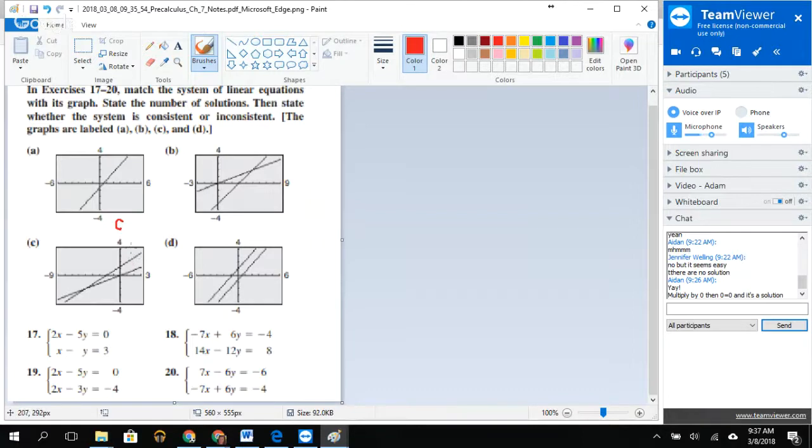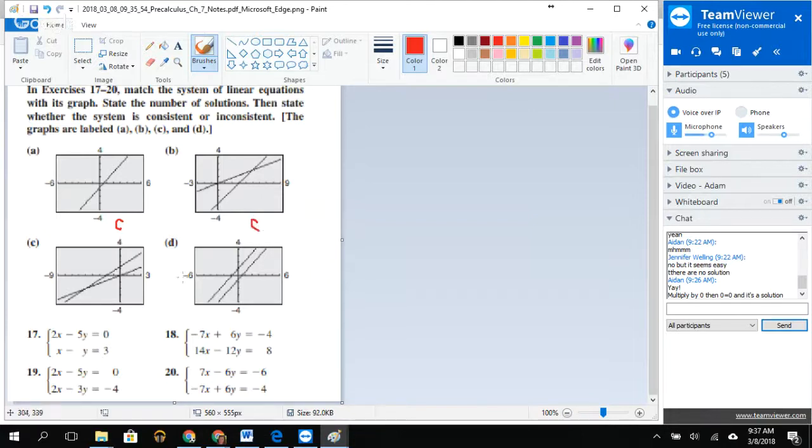Just by looking at my graphs here, I can tell you that A would be a consistent system of equations, because there's definitely at least one solution. There's infinitely many solutions, right? B also appears to be a consistent system because there is one solution right here.